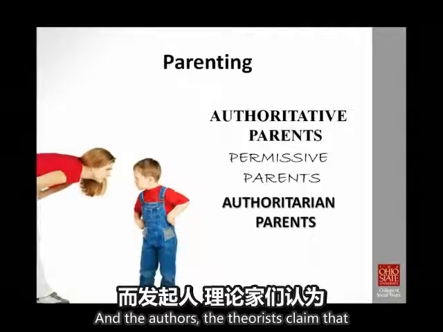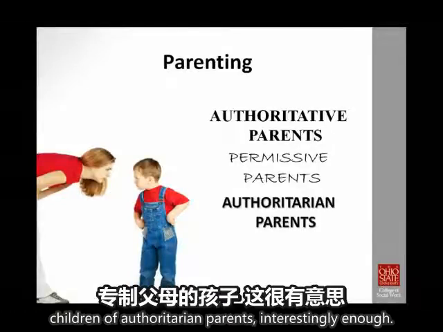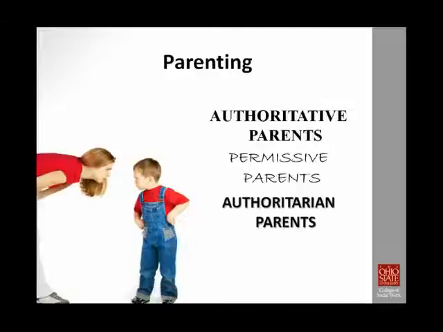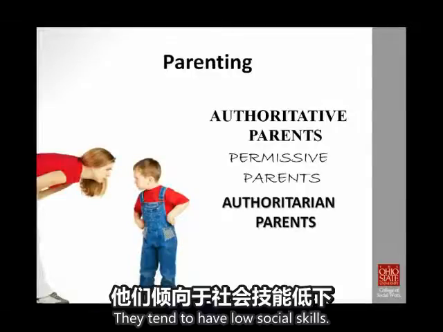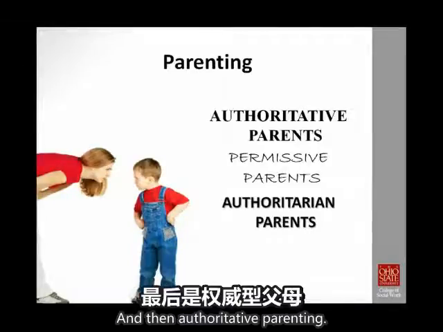And the theorists claim that children who are raised in such homes tend to be similar to children of authoritarian parents, interestingly enough. They can be dependent, they can be moody, they tend to have low social skills, and also tend to have low self-control.